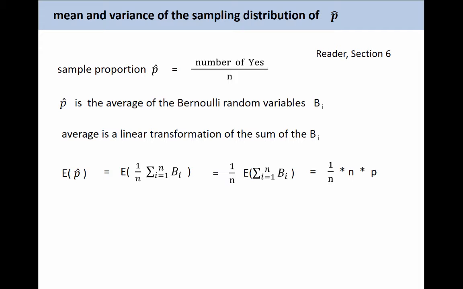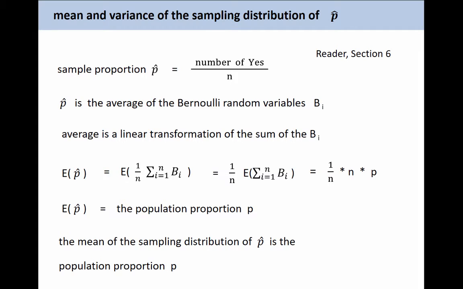Okay, and so the 1 over n and the n are going to cancel out, and what we have is this very nice result that we've shown the expected value of p hat, again over all possible samples, is equal to the population proportion p. So to put that in words, the mean of the sampling distribution of p hat is the population proportion p.